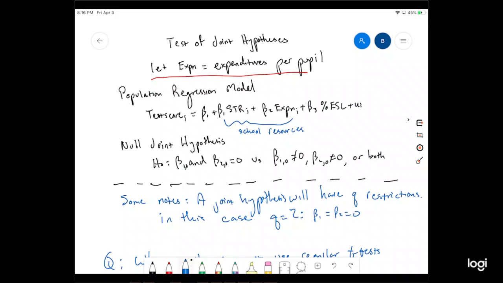So our null joint hypothesis is that beta 1 and beta 2 both equal 0. Not just one of them, but both of them simultaneously equal 0, versus the alternative hypothesis that beta 1 does not equal 0, beta 2 does not equal 0, or both.